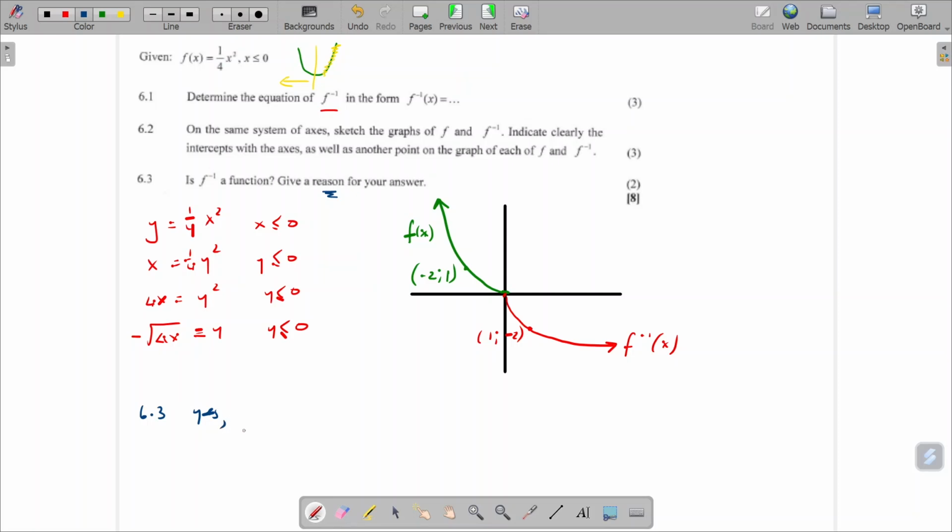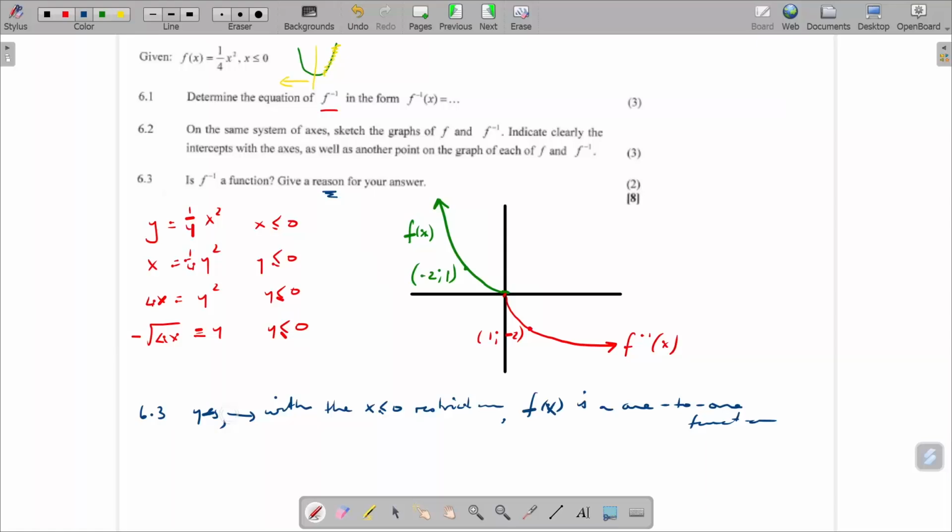Now, you can say a range of things here, okay? So I would suggest that what we're saying is with the x is less than or equal to naught restriction, f of x is a 1 to 1 function.